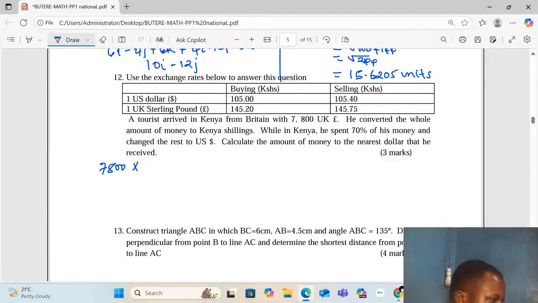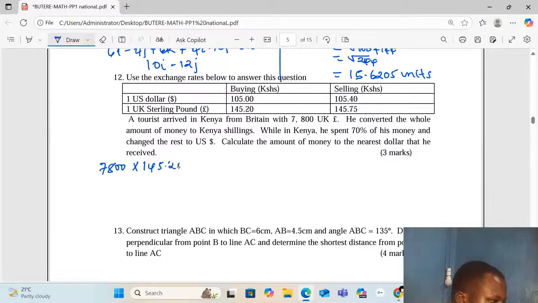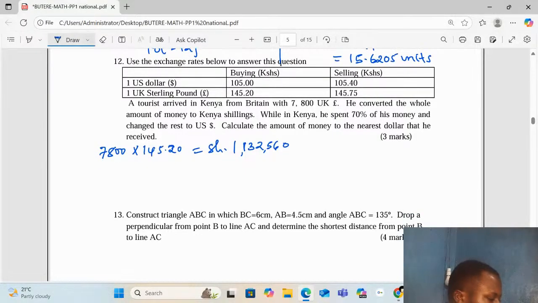So we multiply by 145.20. So the amount converted to Kenyan shillings is 1,132,560. So this is the whole amount converted to Kenyan shillings.